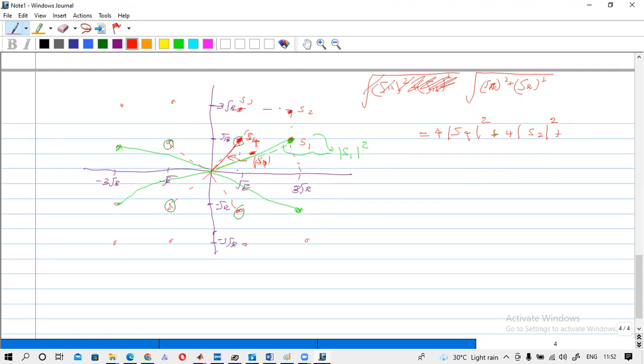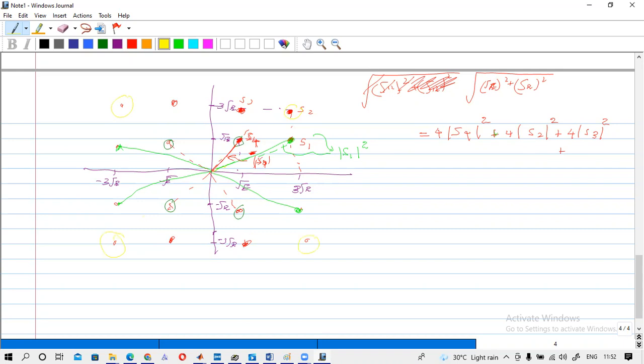In the same manner, if you consider this point, this point, this point, and this point, they have the same magnitude, so you will have the same power. So that is 4 times the magnitude of S3 squared, which is the whole power for these symbols. And if you consider this one, this one, this one, and this one, they have the same magnitude.